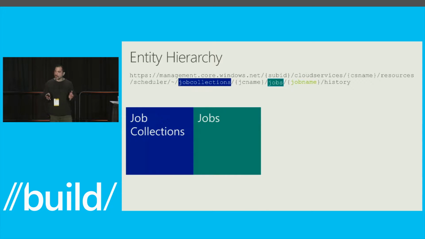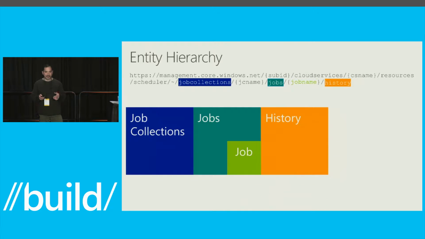Then you have the set of jobs in that job collection. And I will go ahead and describe what a job looks like. And then for a particular job, you can look at the history of that job. So the REST API gives you a clear way of being able to navigate to the REST resource that you need to be able to either interrogate, create, delete your jobs in the service.